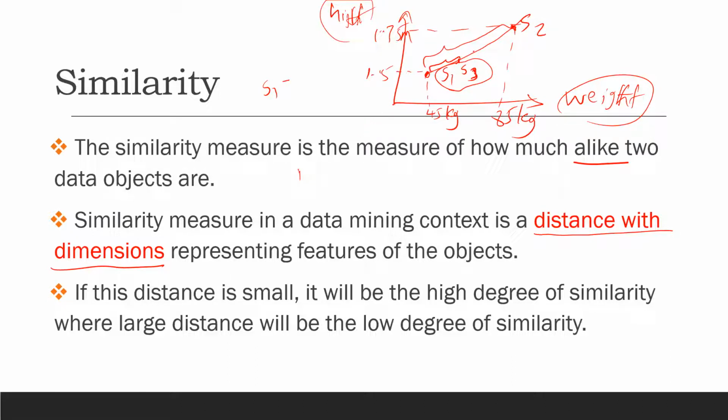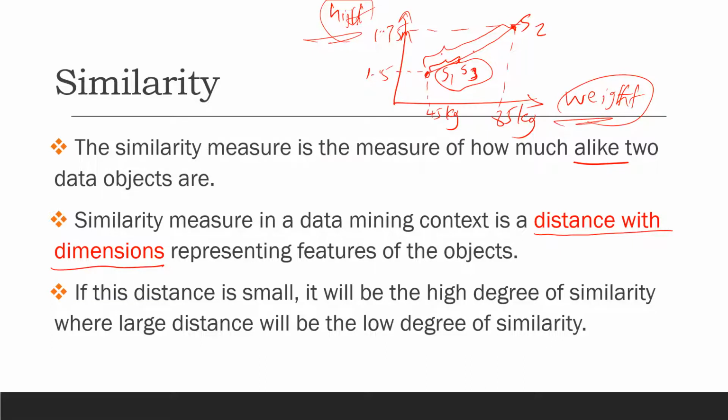Sometimes we consider n number of dimensions. We can even look at the color, iris color, or body color. Likewise, we consider different dimensions to find the similarities. For your understanding, I am only using two dimensions, height and weight.